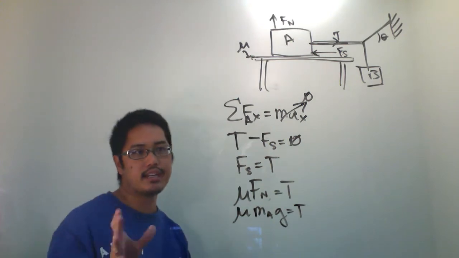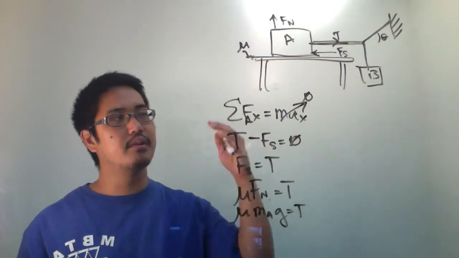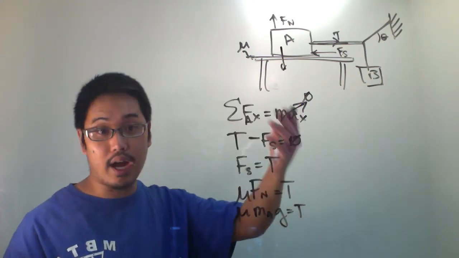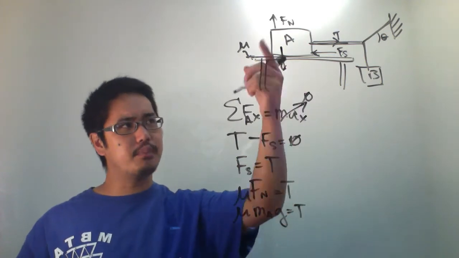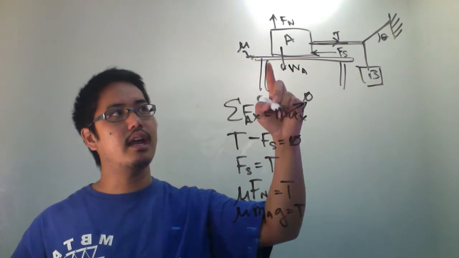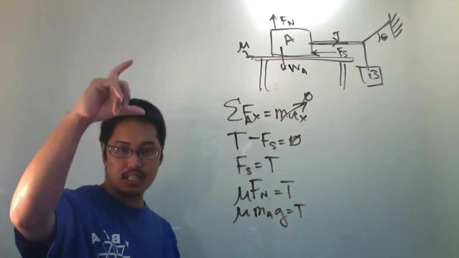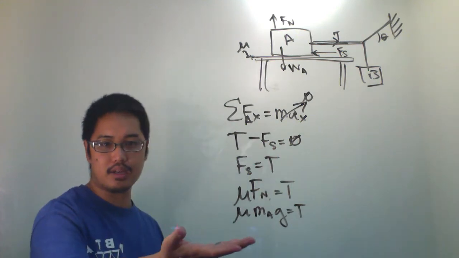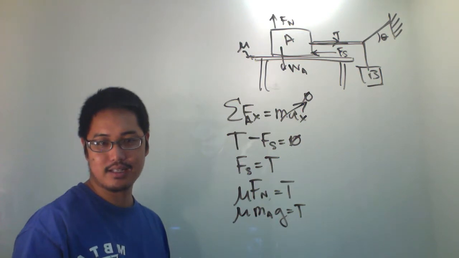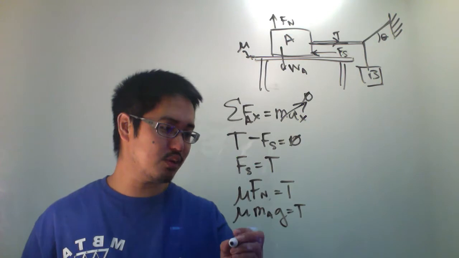And technically, I should have done the sum of the forces in the y direction on A. But if you look at the picture, the only forces that I see are the weight of A and the normal force on A. So those must be the same if it's not accelerating up and down. That's what my thought process was. I'm sure that's what you thought if you were just able to throw out the answer like that. Yeah. Good, good. You're getting an intuition for this.